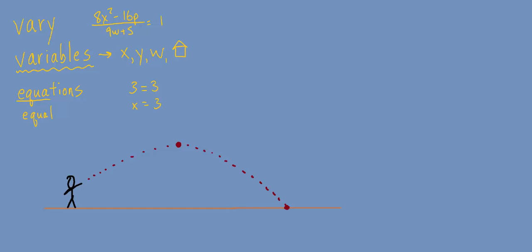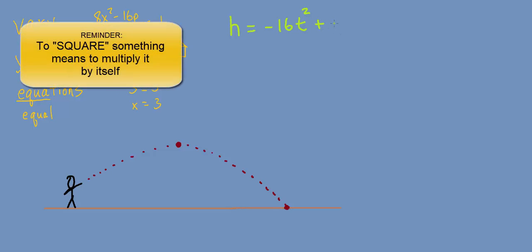Okay? So the height is equal to negative 16 times t squared plus the speed, or let's say velocity, that you threw it, velocity is just speed, times the time again, but not squared, plus whatever height you started at.